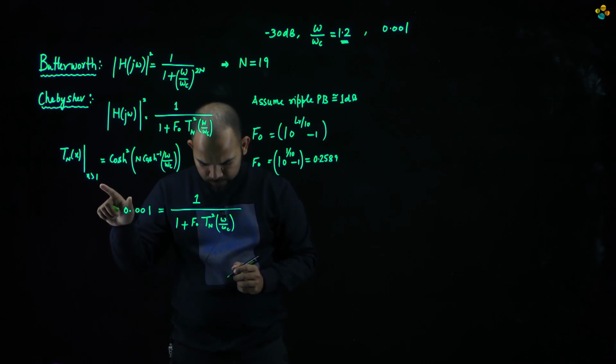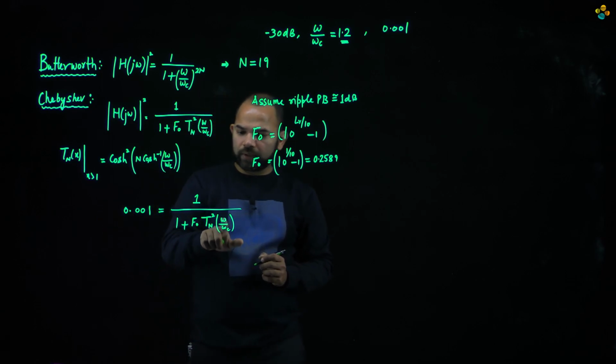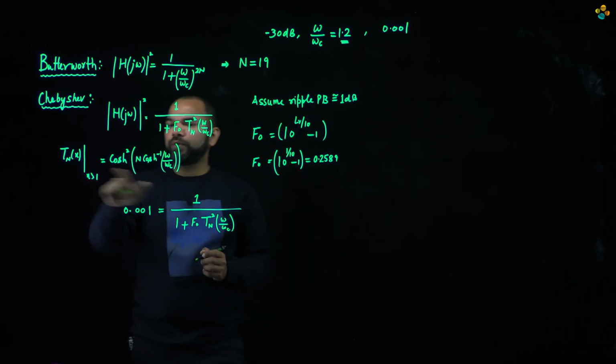For simple values, like how this Tn function is defined for an argument which is greater than 1, it is defined like this.